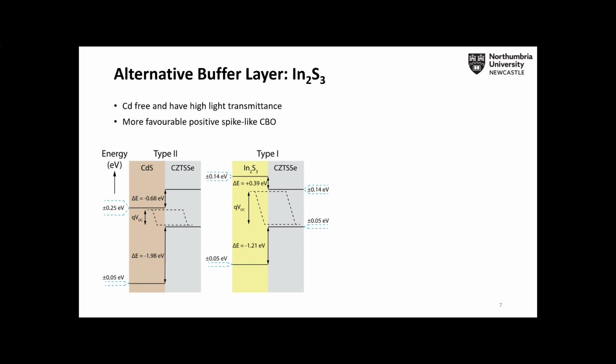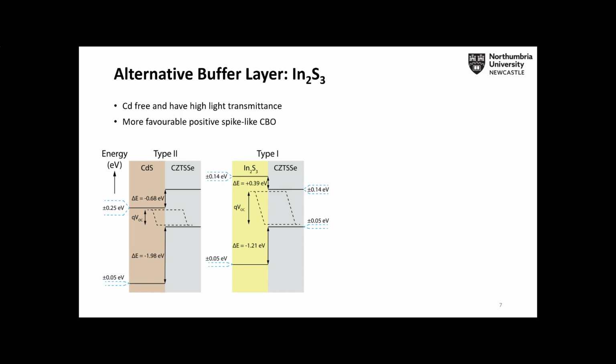But the other advantage is that indium sulfide, due to its band energy, creates a type 1 heterojunction with our material, and promotes a small barrier to the flow of electrons, and a large barrier for electrons to tunnel, making it more favorable for devices.